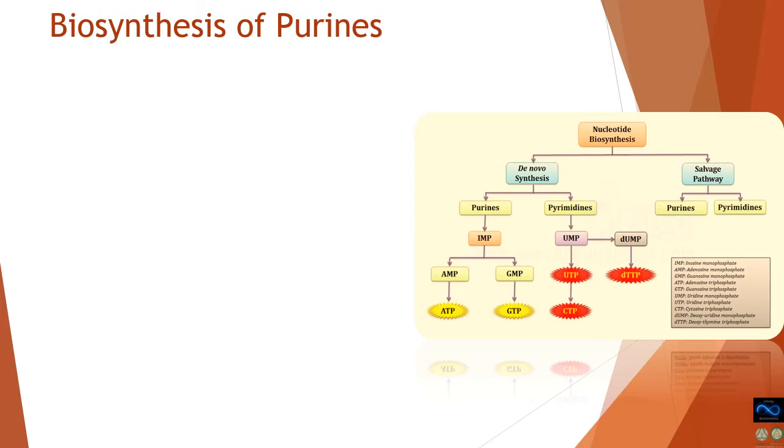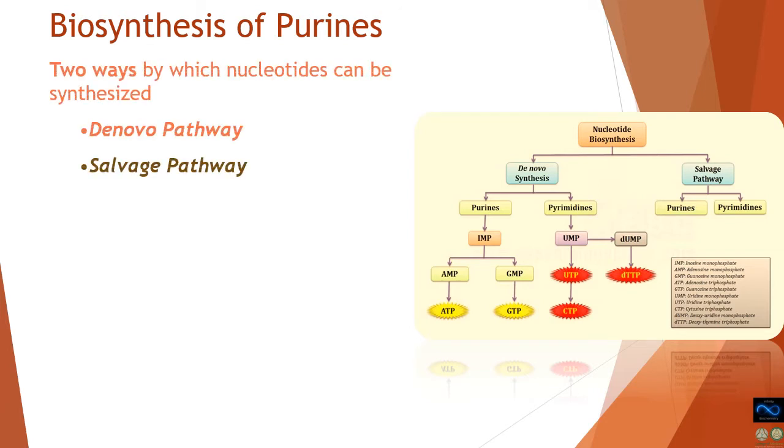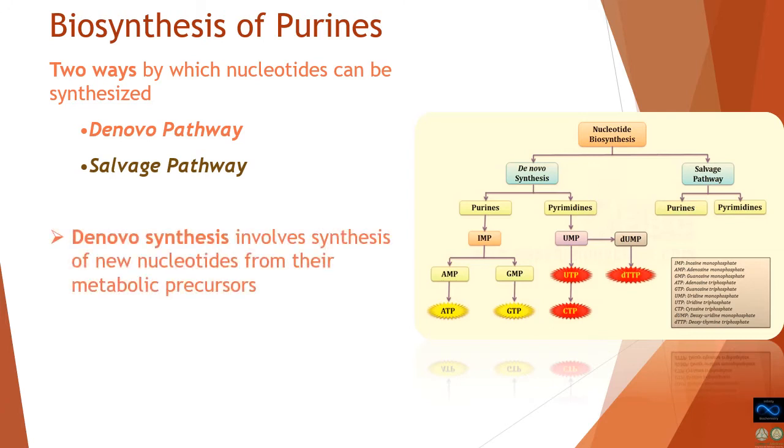Starting with the biosynthesis, which is the anabolic part of nucleic acid metabolism, as you can see in the accompanying picture, nucleotide biosynthesis involves two different pathways. One is called the de novo pathway, another is called the salvage pathway. De novo pathway means to synthesize anew, from scratch, and it involves synthesis from metabolic precursors.